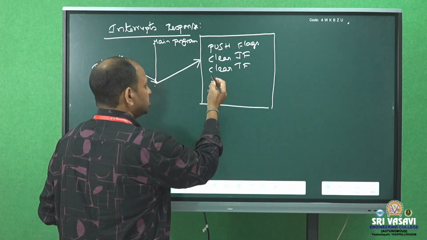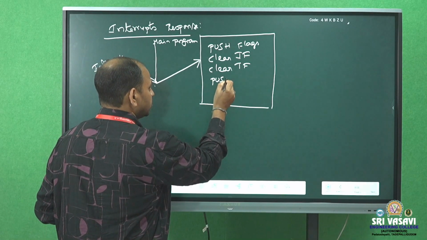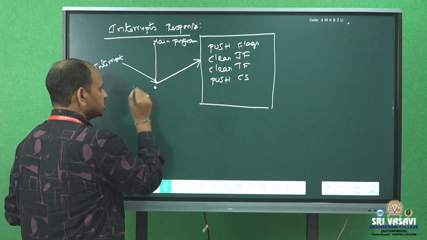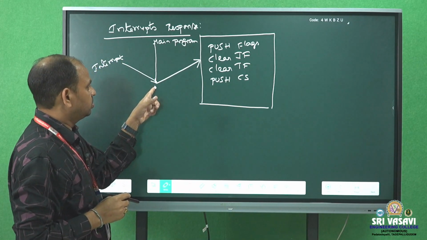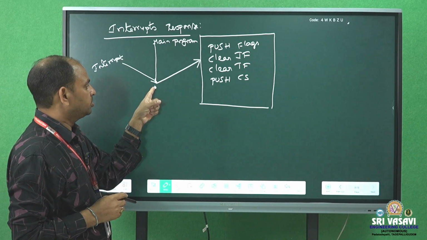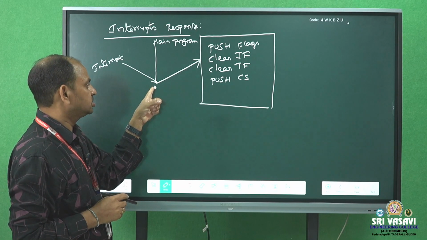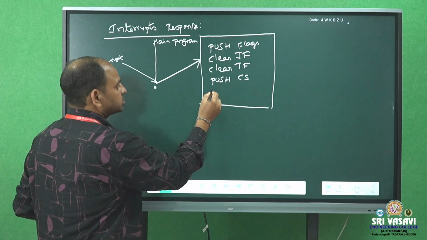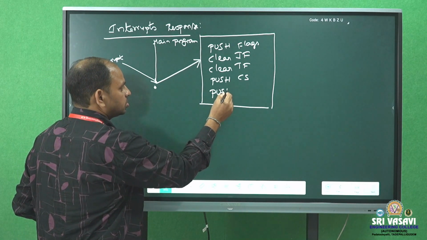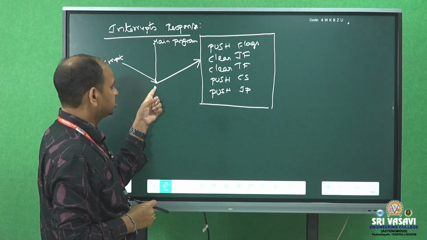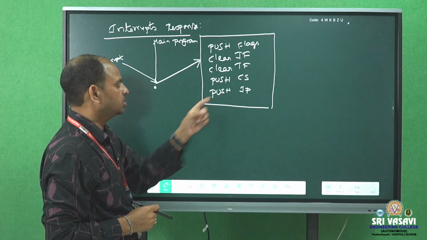And next it will push the content of the CS register, that means the code segment address of the next instruction here, onto the stack. Next, push the instruction pointer address, so the IP address for this instruction is pushed onto the stack.